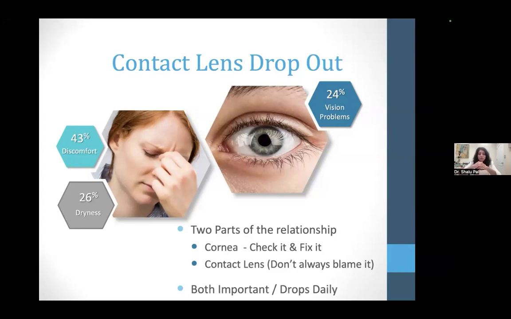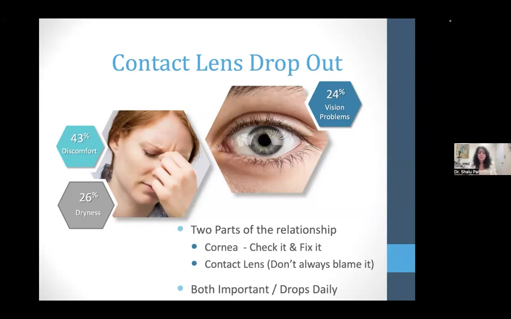There are two parts to this relationship. One is the cornea, one is the contact lens. I want to make sure both are okay and I'm looking at both. So make sure you check the cornea for dryness and help the contact lens along the way. Help yourself along the way by getting your patients from day one to start using moisturizing drops.